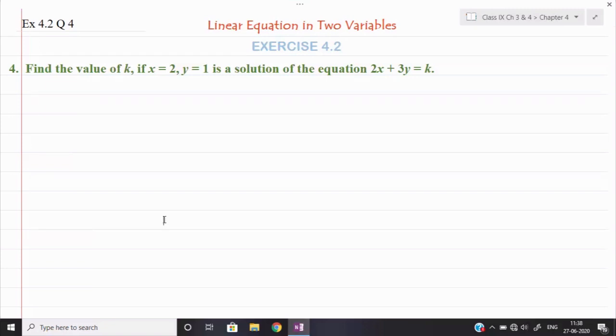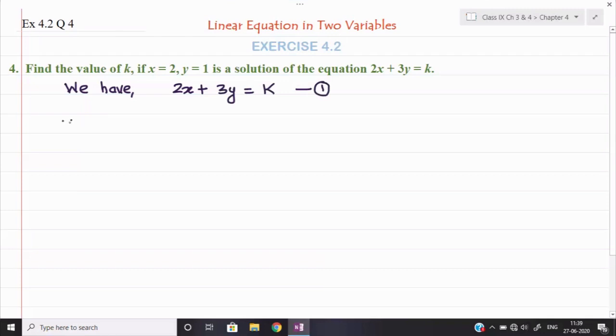First we write down the given equation, that is 2x plus 3y is equal to k. This is my equation number 1.